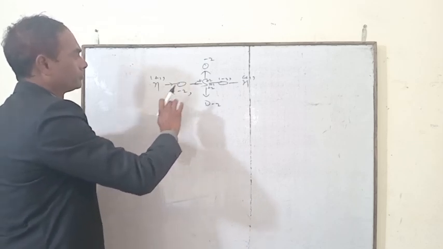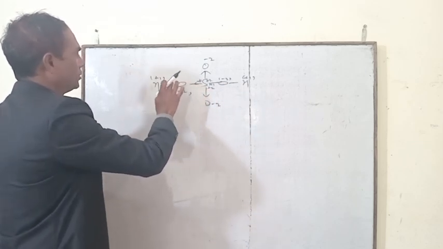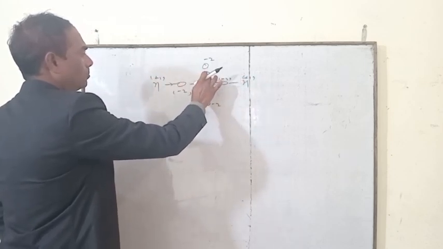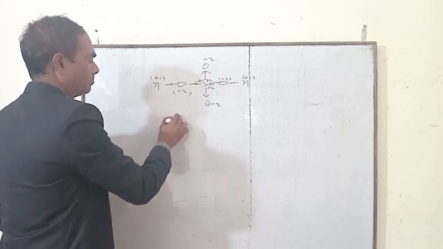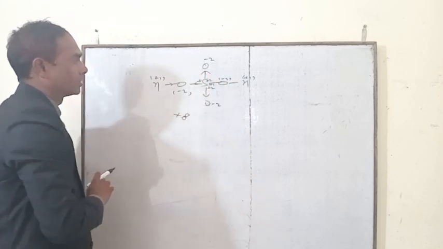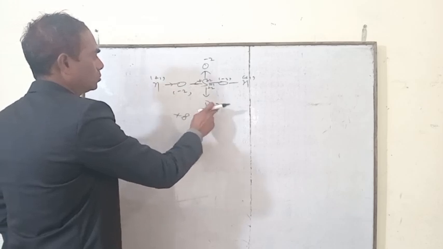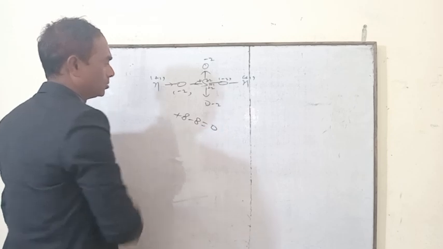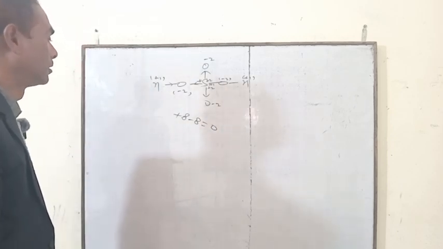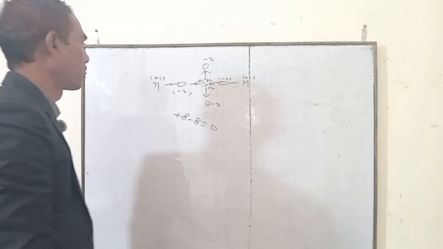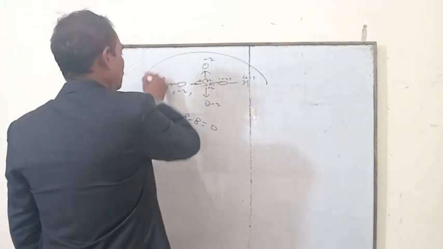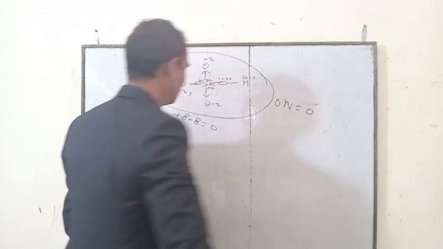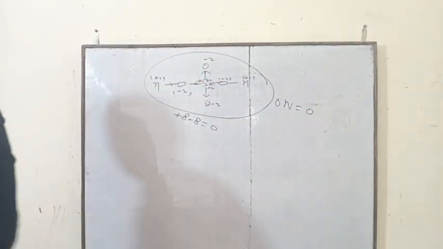Total positive charge is 1, 2, 3, 4, 5, 6, 7, 8, plus 8, and total negative charge 2, 4, 6, 8, minus 8, equal to 0. In this way we can say that the oxidation number of this molecule is equal to 0.